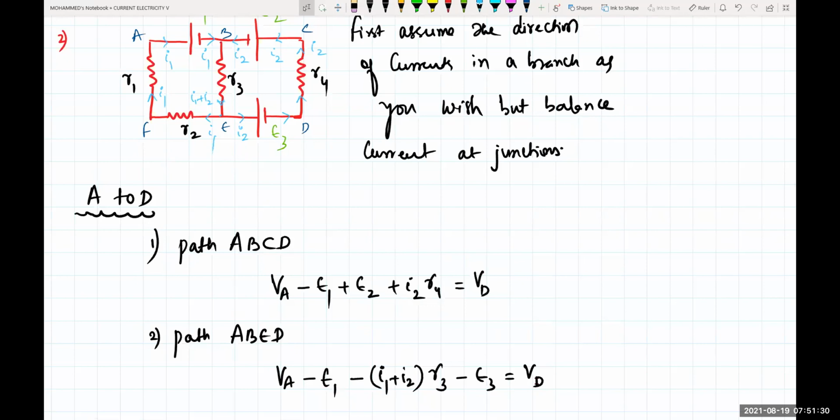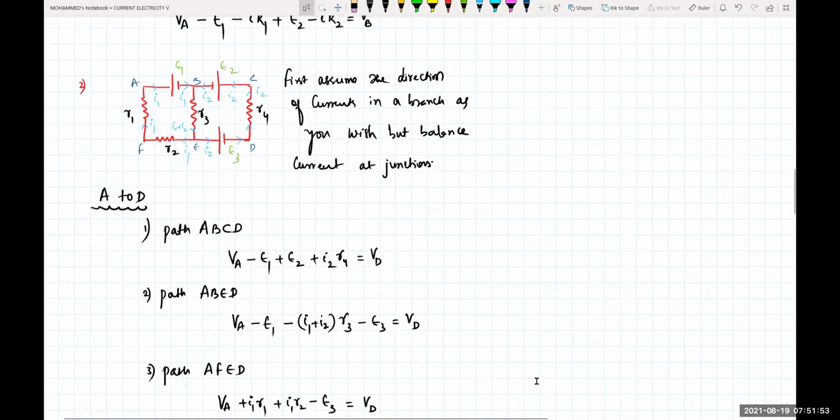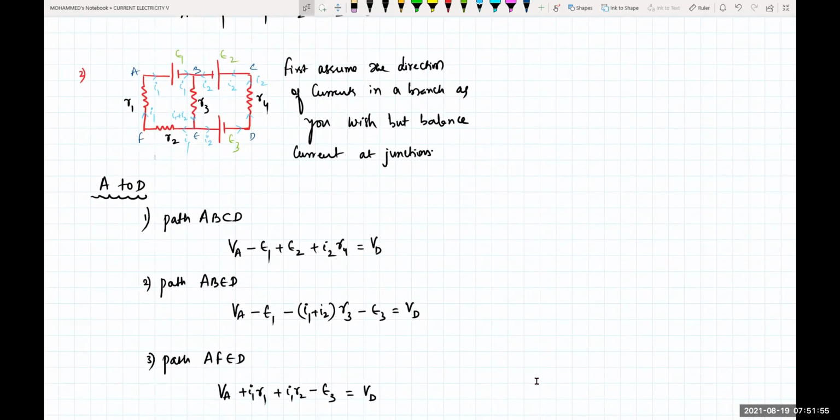Then from A to D again, A to F, F to E, E to D. Can anyone tell me? A to F, the same direction or opposite direction as the current? Opposite direction. At A, the potential will be VA. Opposite direction means positive or negative? Positive. That means at A the potential is VA, and from A to F it will be plus I1 R1.